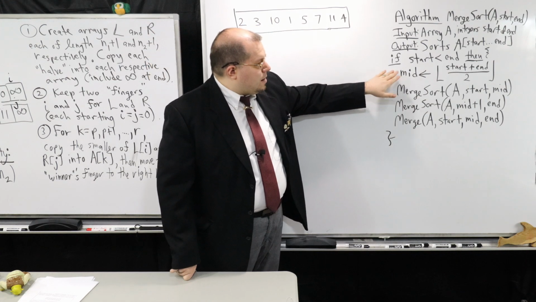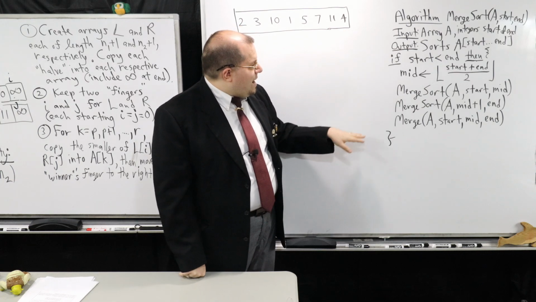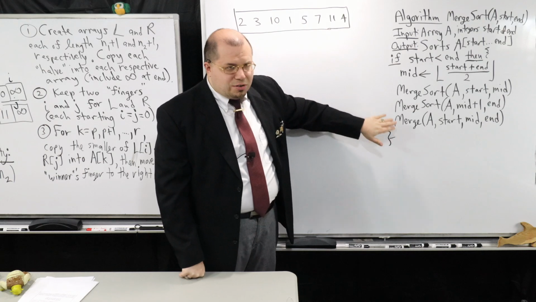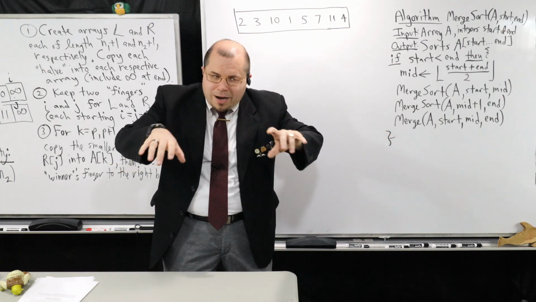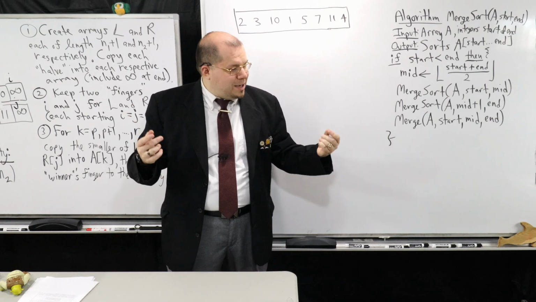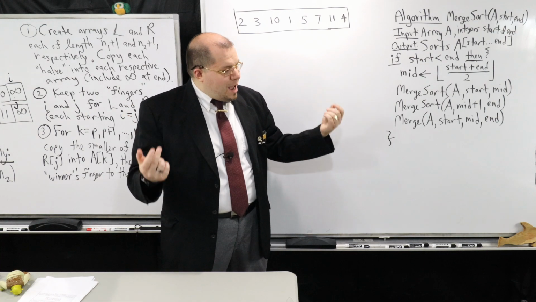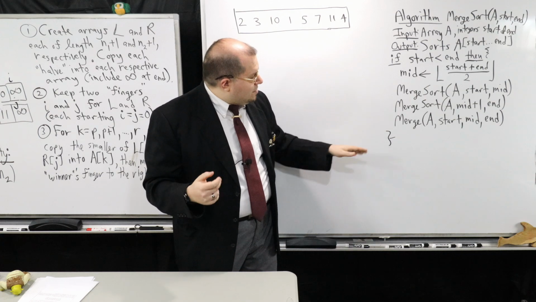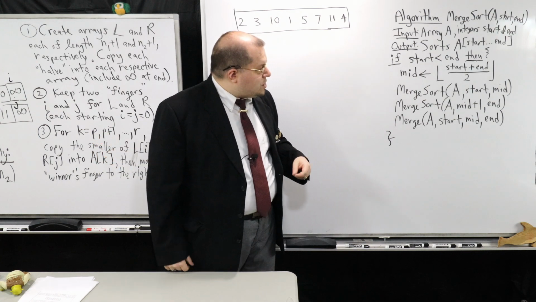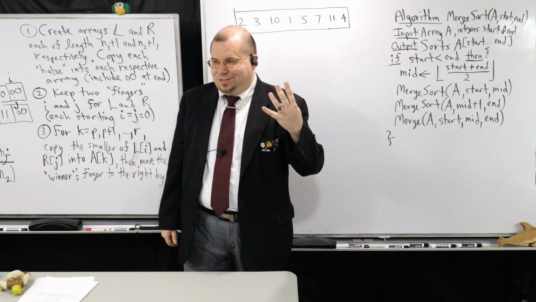So you compute this middle position, and then you have two recursive calls to merge sort. You'll notice that this divide process is going to break this into a whole bunch of smaller subproblems until they're small enough. And then it's going to apply this merge process, the one we just talked about over here. Merge takes in 4 parameters.